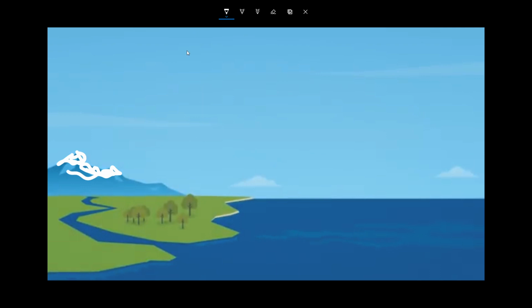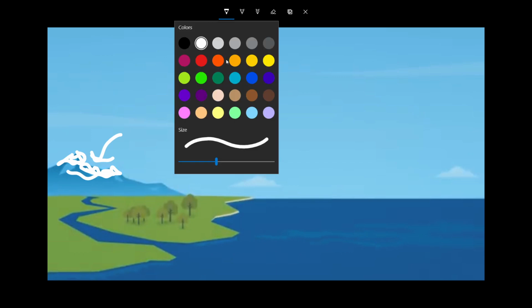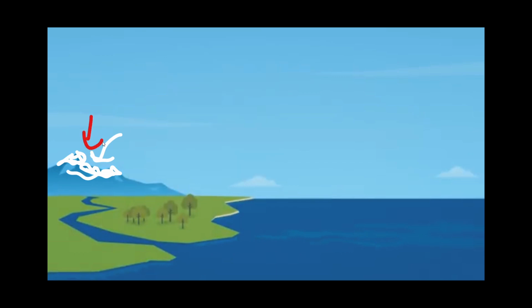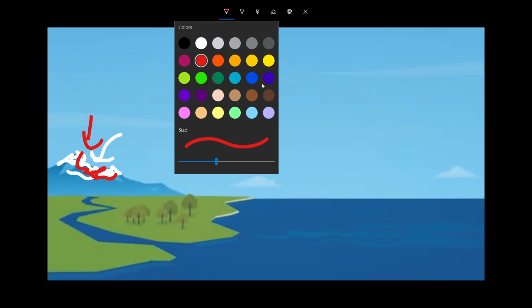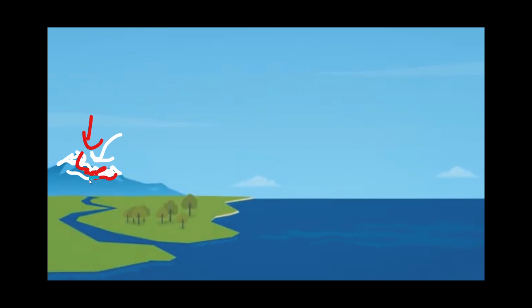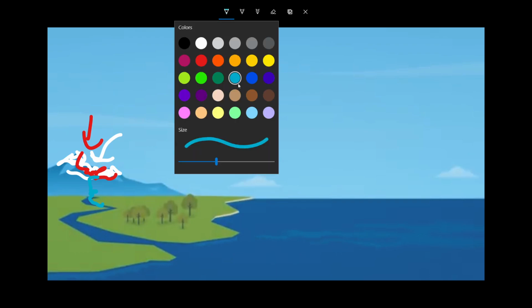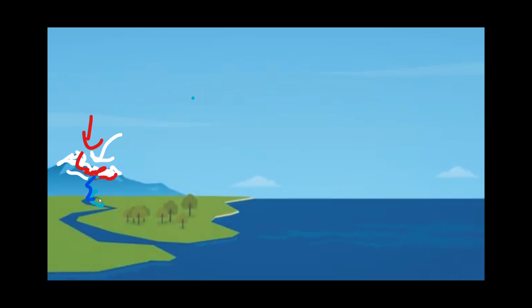Due to global warming or some reason, there is a temperature rise, a hot temperature. So this entire ice will melt and turn into water, which will flow into the river, which makes this entire river flooded.